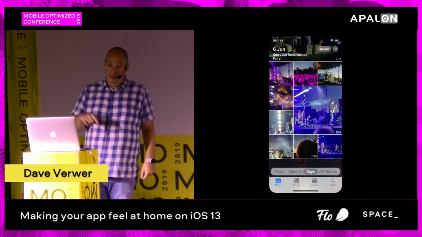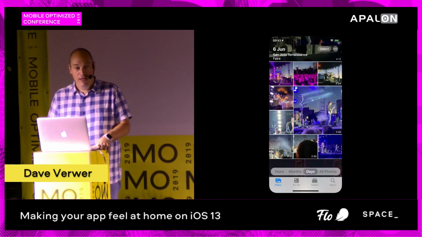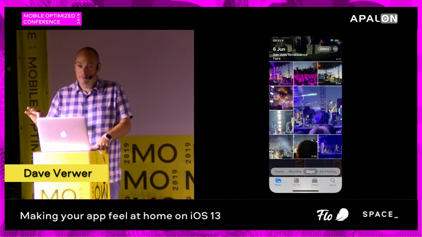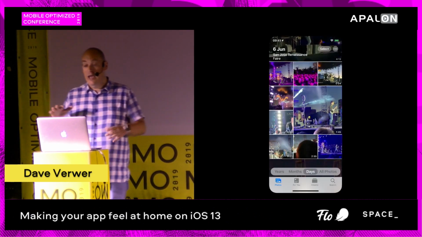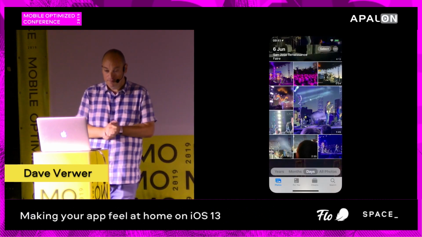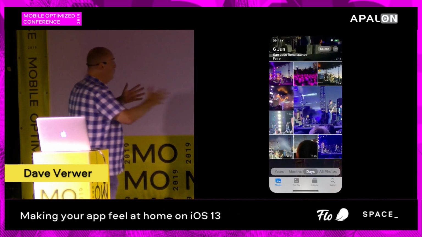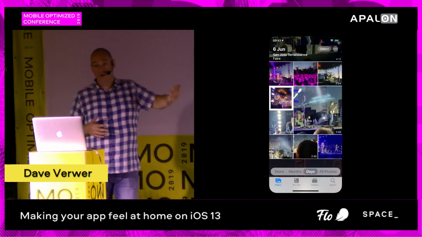The context menu API on iOS 13 is exactly the same concept. I've tapped on some content, and I've long pressed on that content to indicate that I want to do something with it, okay? And what it's showing me is four different things that I can do with it. I can copy it, I can share it, I can add it as a favorite, or I can delete it.